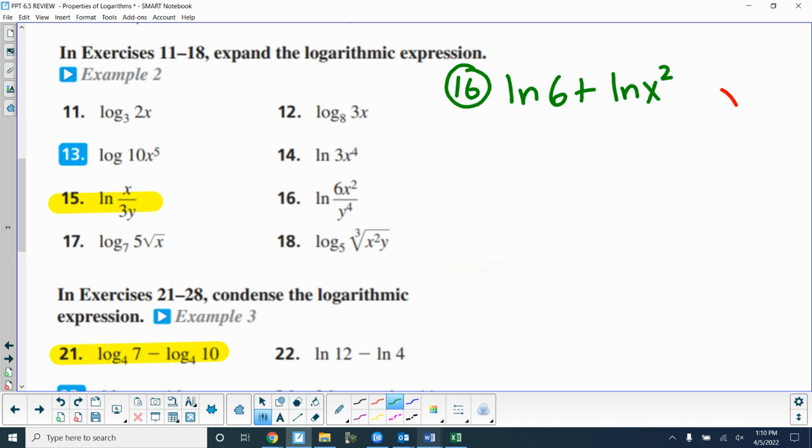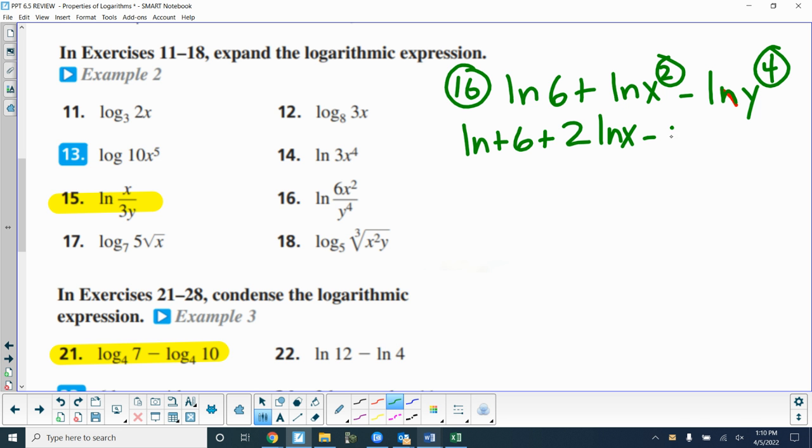And then the division we write as subtraction. But what do we do with these exponents then when we're expanding? We multiply them by the log, right? We pull it out front. So Caroline, don't go to sleep on me. The 2 comes out front, and the 4 comes out front. Questions?